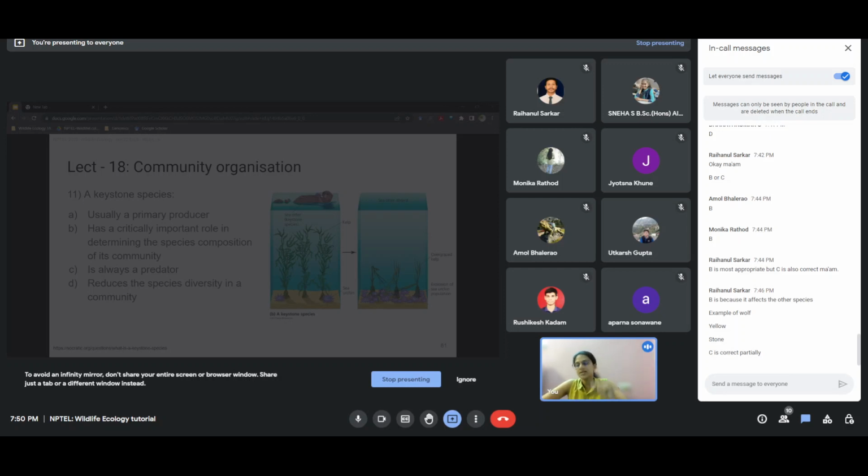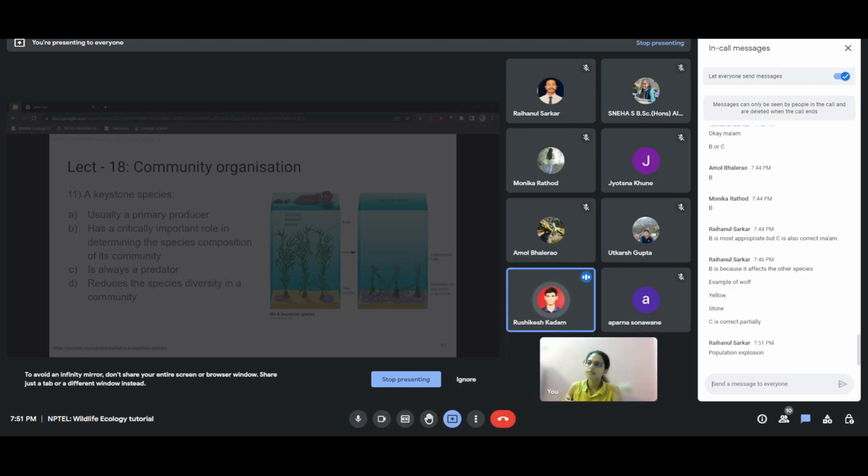It follows a particular cycle which you have learned. Does anyone remember? This all ties back to previous lectures. Ma'am, it leads to secondary succession. Secondary succession. How? But everything is not getting removed, right?